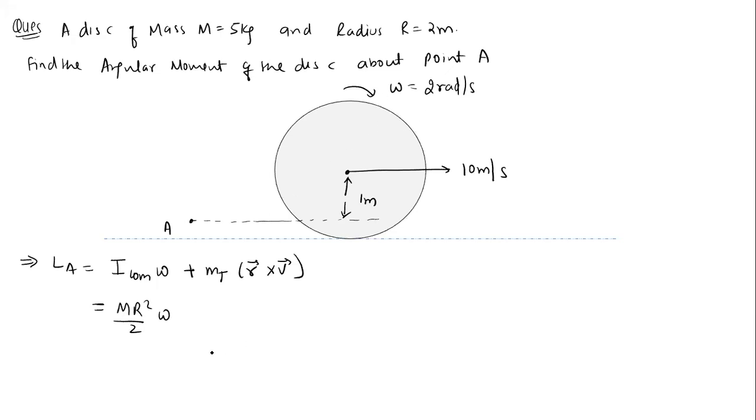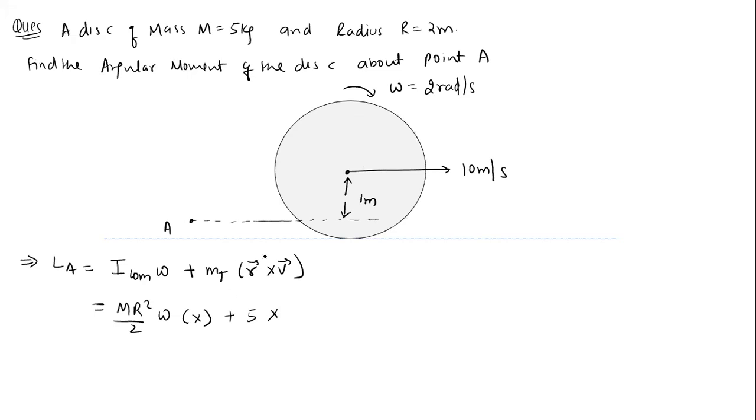When omega is clockwise, the angular momentum would be inside the plane, cross. We curl the fingers in the direction of omega, and the thumb will show the direction of the angular momentum. So it is inside the plane, plus total mass of the body, that is 5.